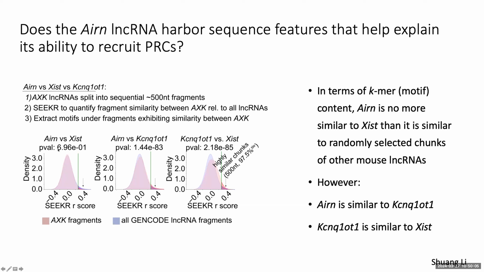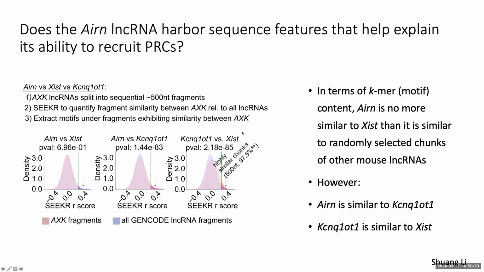And when we do these comparisons, what we find is that Air is actually no more similar to Xist than we would expect from chance. But Air is significantly more similar to OT1, and OT1 is significantly more similar to Xist.